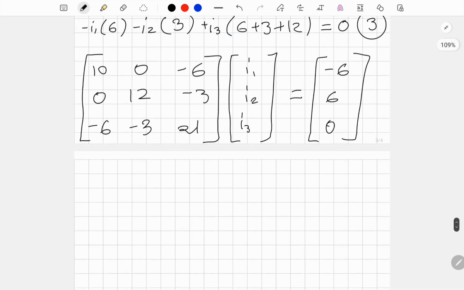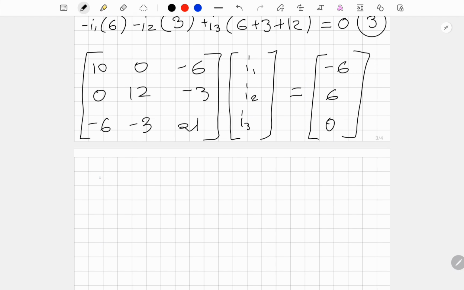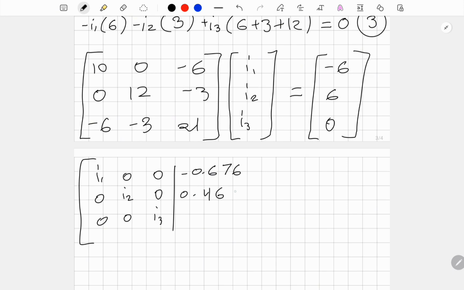So after putting my matrix in a matrix calculator, I get 1 0 0, 0 1 0, 0 0 1, or I could just write this as I1, I2, and I3, and I'm getting minus 0.676 and 0.469 and minus 0.126, and these are all in amps.